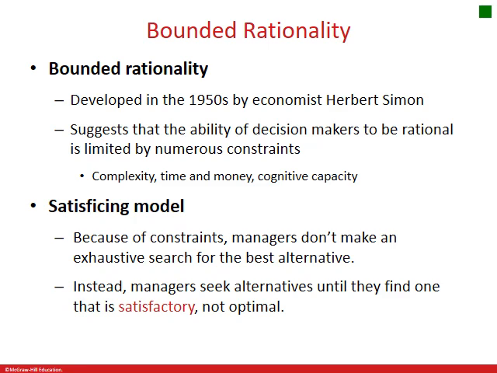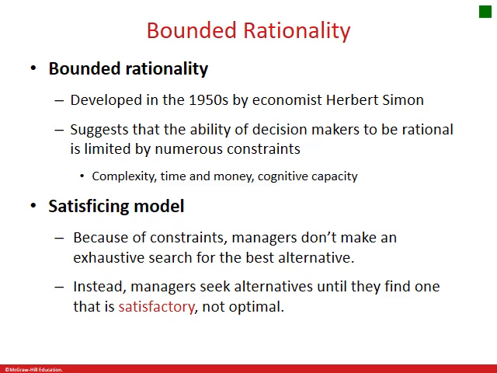During the 1950s, economist Herbert Simon, who later also received the Nobel Prize, began to study how managers actually make decisions. From his research, he proposed that managers could not truly act logically because rationality was bounded by so many restrictions. Bounded rationality says that some of these restrictions include complexity, time and money, and cognitive capacity.